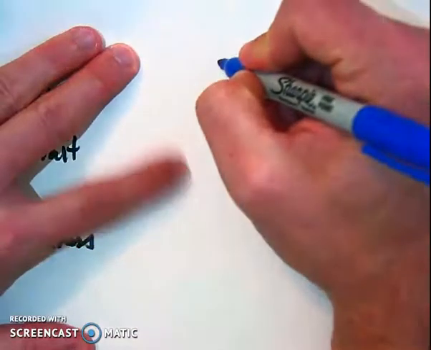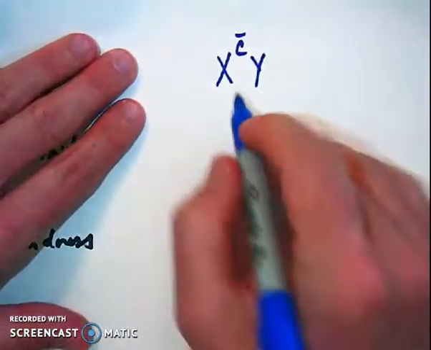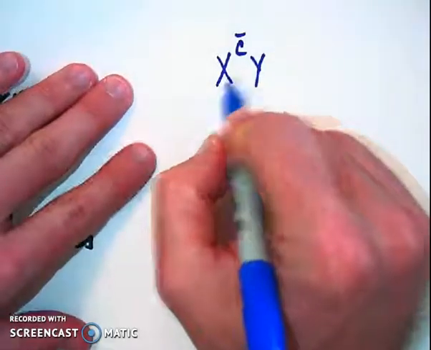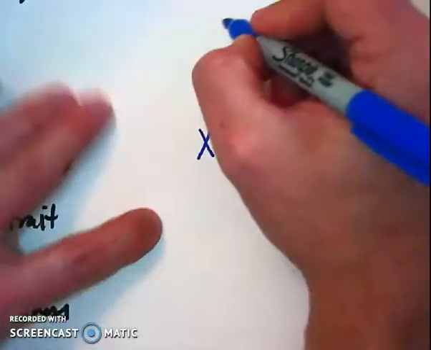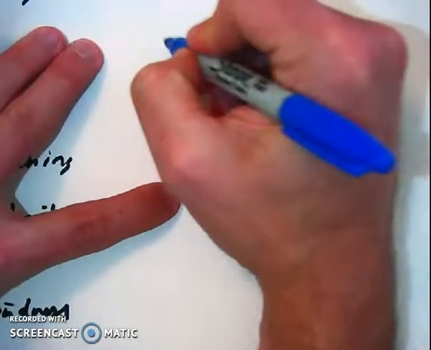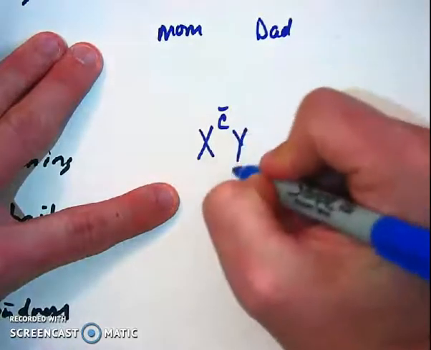So if I do that on paper, if I have a male that is colorblind, who did he inherit this X from? So this is where understanding, all right, he has a mom and a dad. The dad passed down his Y chromosome.